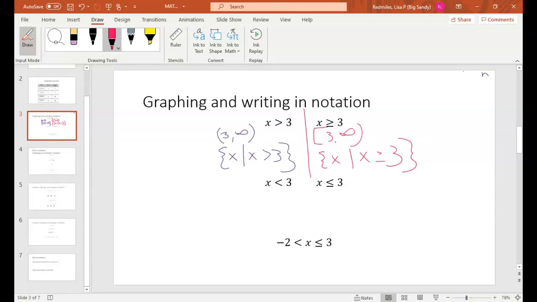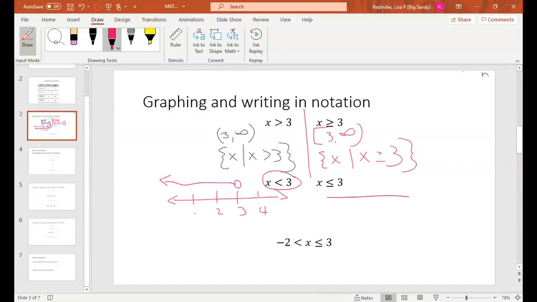All right, so now we just have less than. So on a number line, no equal to sign for this one. So we just have our open circle, and because the sign is going to the left, we go to the left.